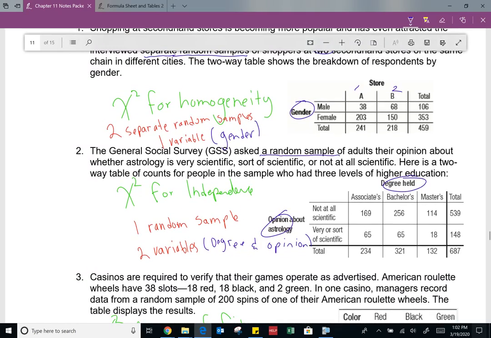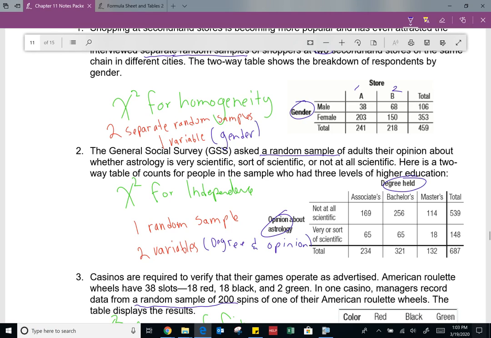And last, casinos are required to verify that their games operate as advertised. American roulette wheels have 38 slots, 18 red, 18 black, and 2 green. In one casino, managers record data from a random sample of 200 spins of one of their American roulette wheels. The table displays the results.